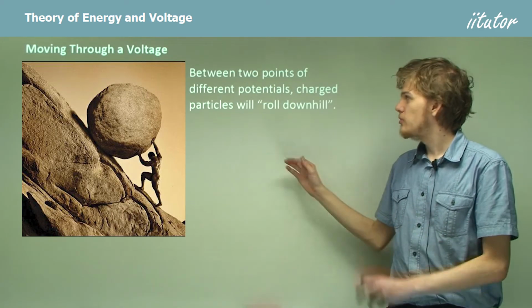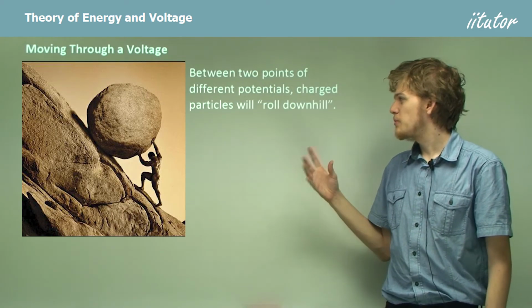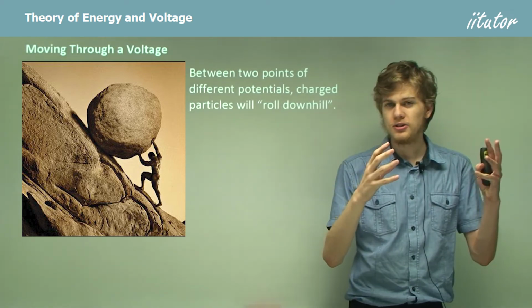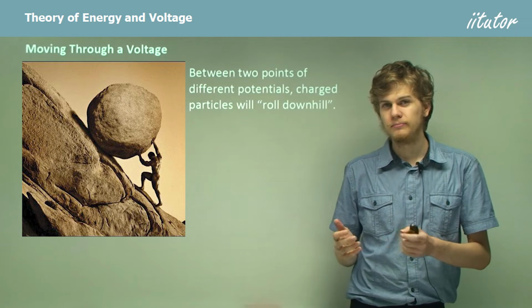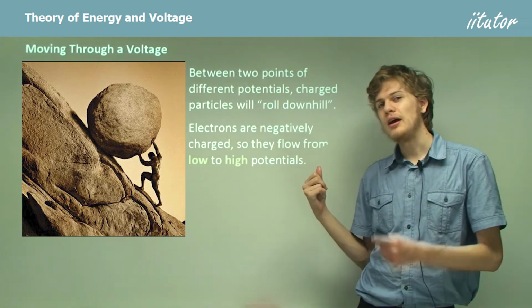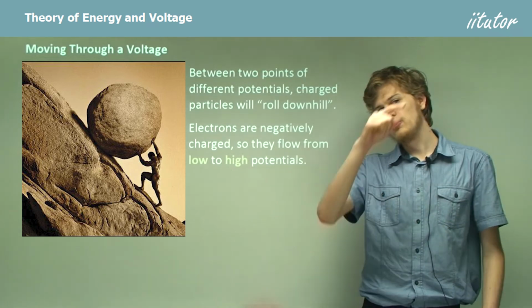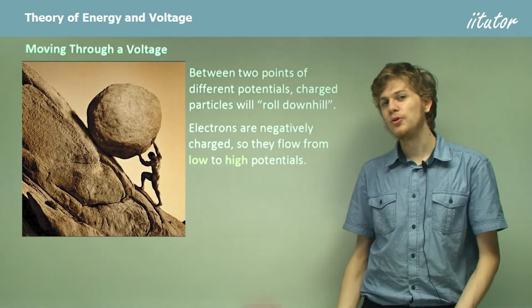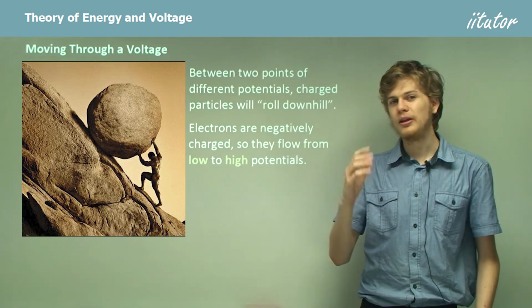Now, between 2 points of different potentials, charged particles will try to roll downhill. They'll try to go from the high potential down to the low potential. Now electrons are negatively charged, which means they behave oppositely. Instead of rolling down the hill, they're like helium balloons floating up to a diagonal ceiling.